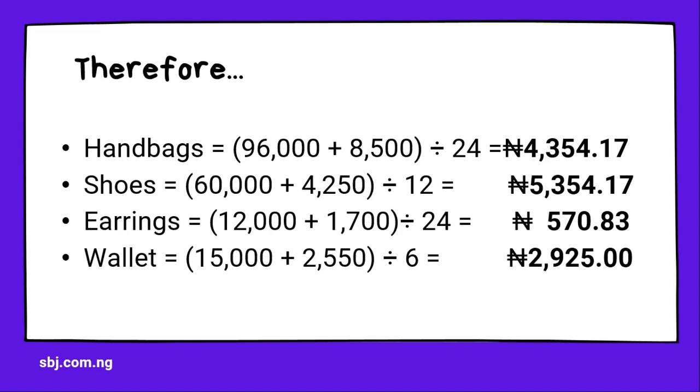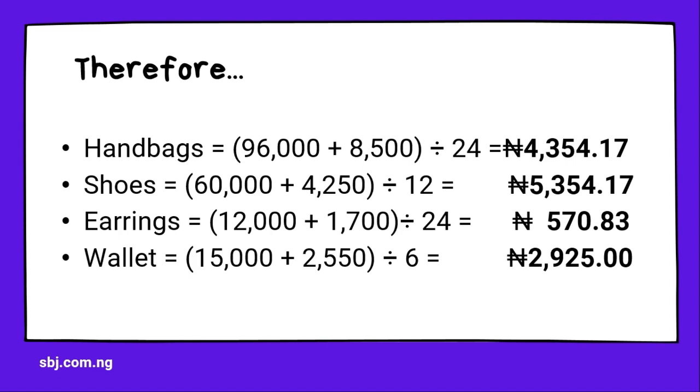So for handbags, you have 96,000 plus 8,500 divided by 24. Of course, the total will give you 104,500 divided by 24. You get 4,354.17.